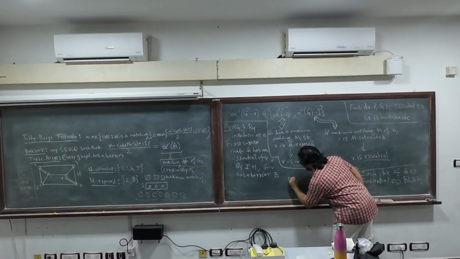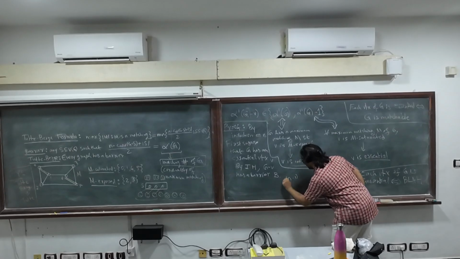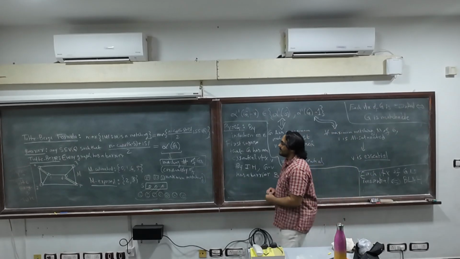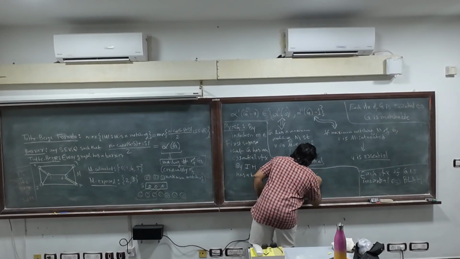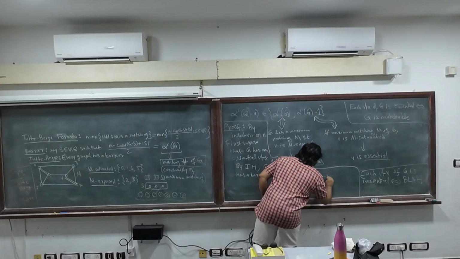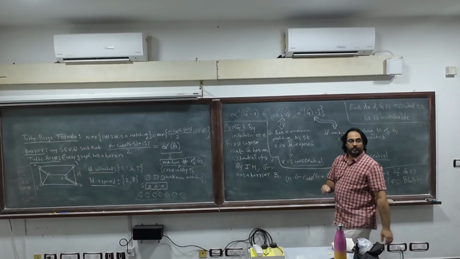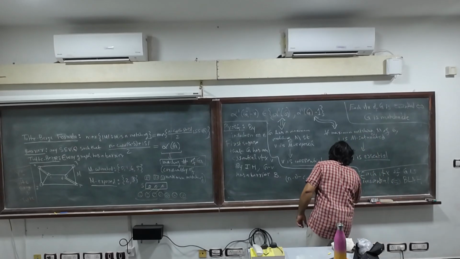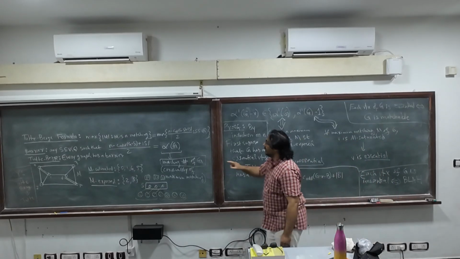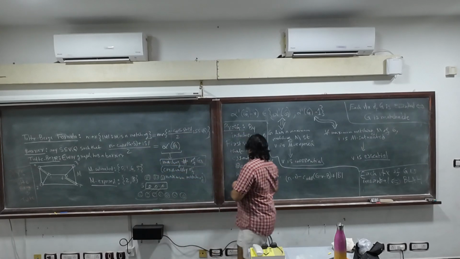So what is the number of vertices in G minus V? It's n minus 1, minus the number of odd components in G minus B, minus the cardinality of B, plus the cardinality of B, divided by 2.